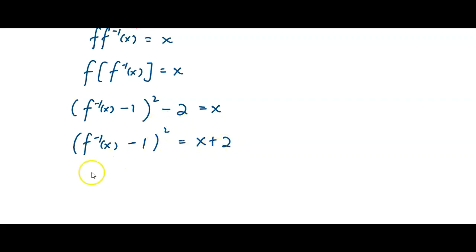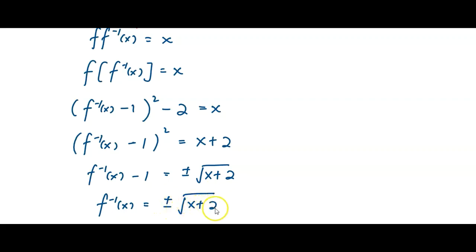And then to eliminate the square, I got f inverse - 1 equals to positive negative square root of x plus 2. Then after that, I got f inverse equals to positive negative square root of x plus 2, plus 1. And this is not yet the final answer, because f inverse cannot be positive negative square root of x plus 2.